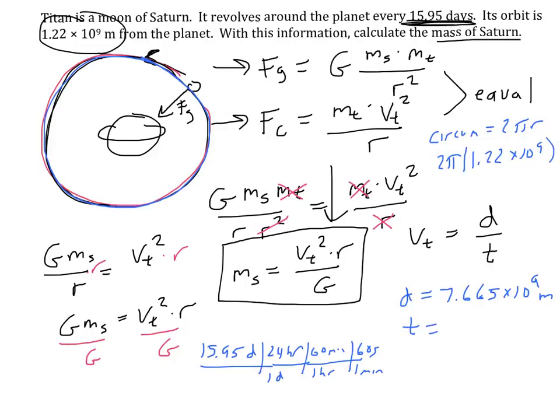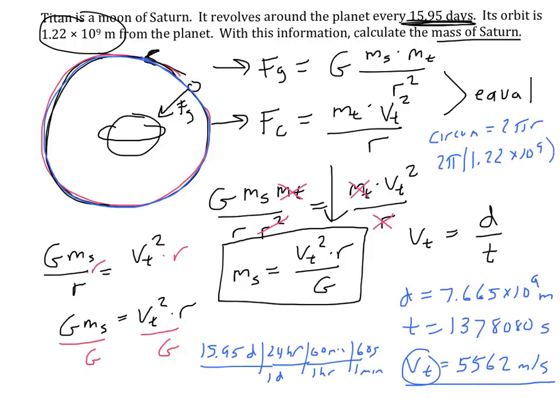And I get the time is 1,378,080 seconds. So now the velocity of Titan, I'm just going to be dividing those numbers, 7.665 e to the 9th, divided by that, and I get 5,562 meters per second. I'm starting to run out of room here. So that's the velocity of Titan.